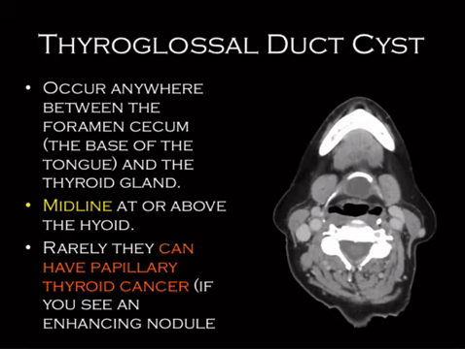And within this track, you can develop cancer. So just like you can have thyroid cancer in your normal gland, you can have thyroid cancer along the embryologic track. The way to keep this one straight is that it's midline. It can occur anywhere from the base of the tongue down to the thyroid, but it's most commonly shown right around the hyoid, and it's midline.